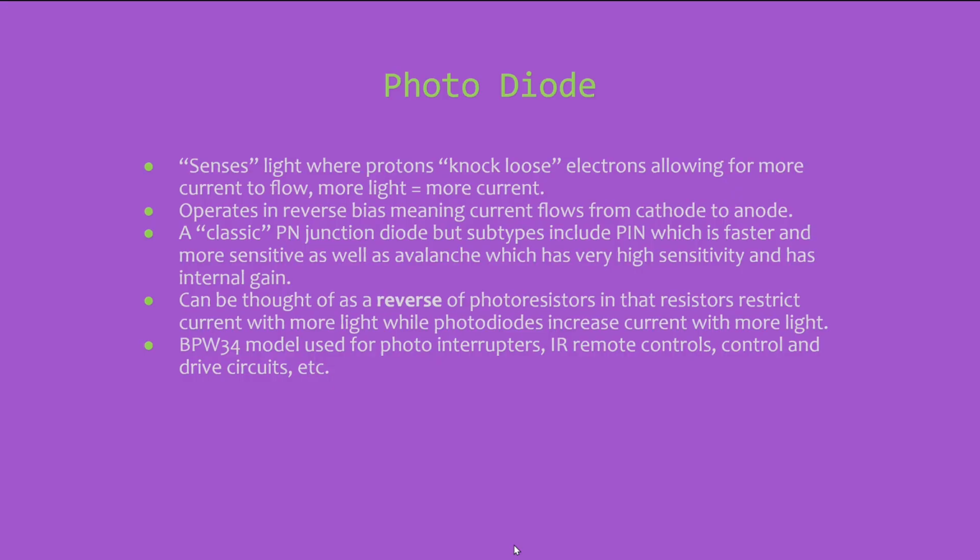You've got avalanche ones that have very high sensitivity and internal gain. This can be thought of as the reverse of photoresistors, in that resistors restrict current with more light, while diodes increase it with more light. The BPW32 model is used for photo interrupters, IR remote controls, control and drive circuits, etc.